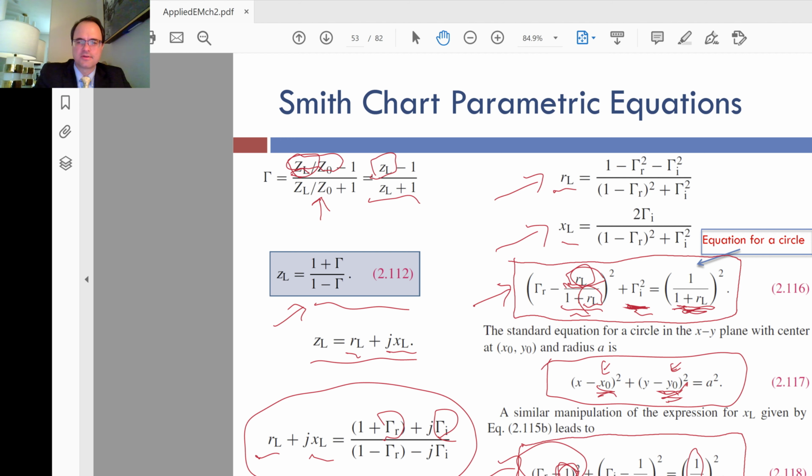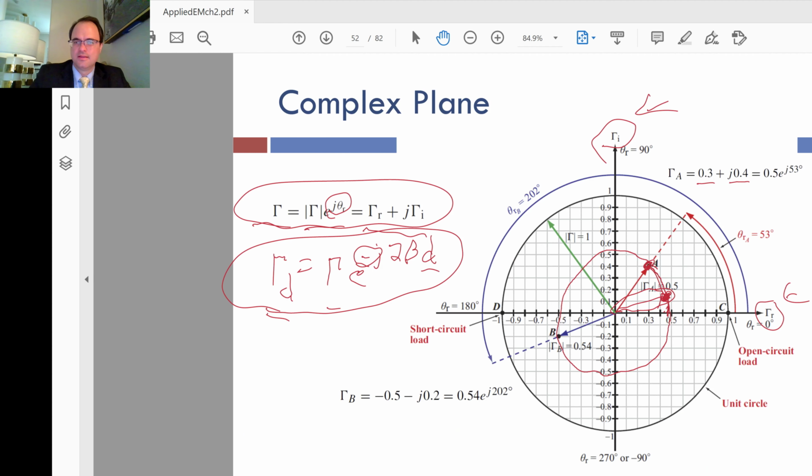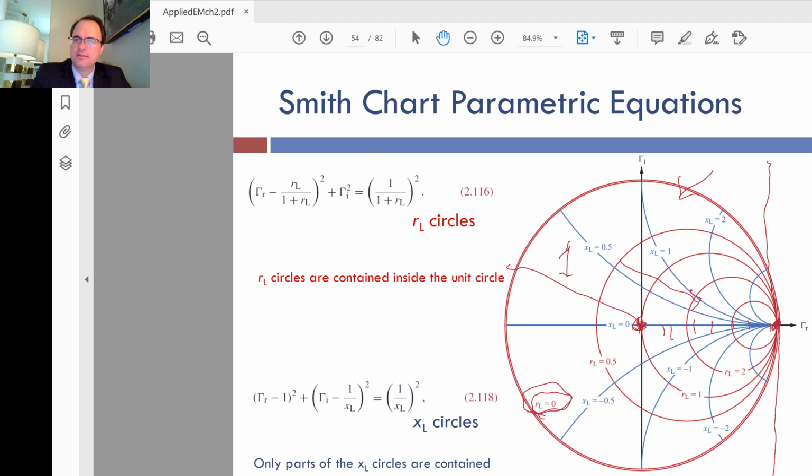Let's look at only positive values for x sub L for the moment. For very small x sub L's, like say 0 but still positive, we have 1 over a very small number, and so my center for y naught is way up here along this x naught is equal to 1 line.